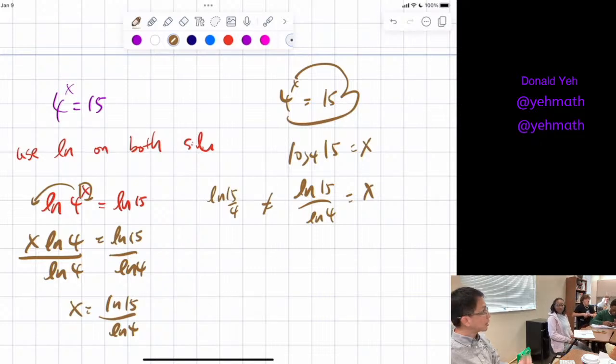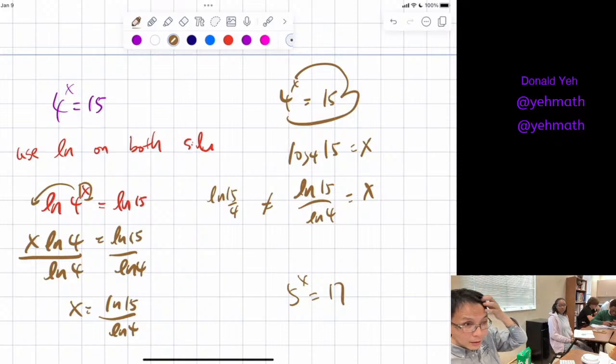Does that make sense? You can bring the power down. Got it? The simple one I can give you to practice, which is, I don't know, like 5 to the x equal to 17. And you can solve for that. Fairly easy.